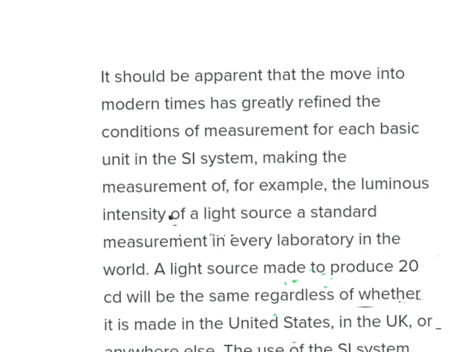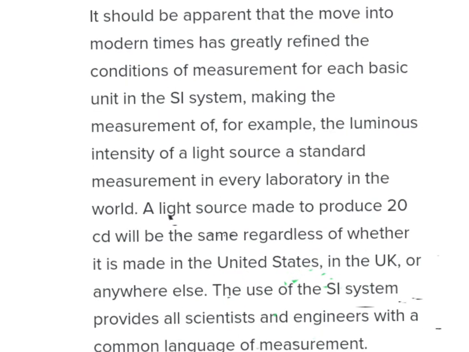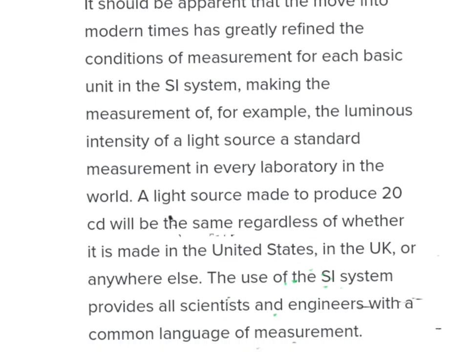It is apparent that moving into modern times has greatly refined the conditions of measurement of each basic unit in the SI system, making the measurement of, for example, the luminous intensity of a light source a standard measurement in every laboratory in the world. A light source made to produce 20 candela will be the same regardless of whether it is measured in the United States, in the UK, or anywhere else.